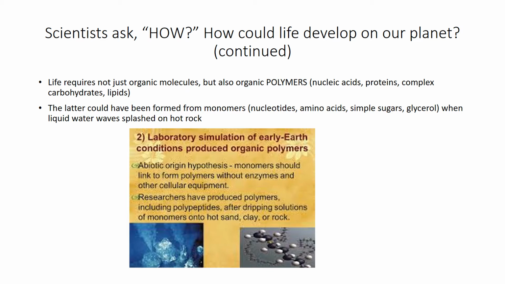They splashed on hot rock. And basically, the picture of the early Earth, 3.5 billion years ago, was ocean plus little islands of still hot rock. And when the splashing occurred, the heat was transformed into energy that was used for linking together the monomers and forming polymers.